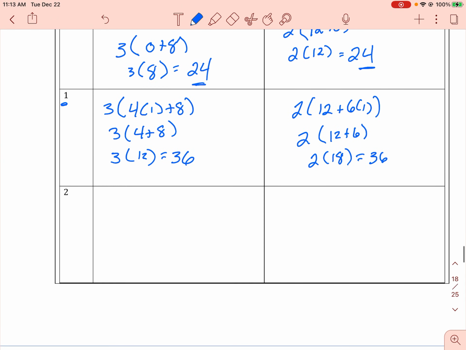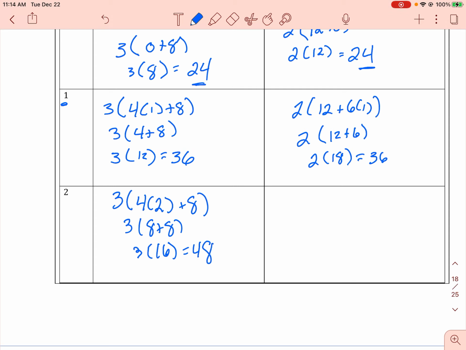So let's plug in or substitute 2 into my equation for s. And let's see what we get. So I get 4 times 2 is 8. 8 plus 8 is 16. And 3 times 16 is 48.